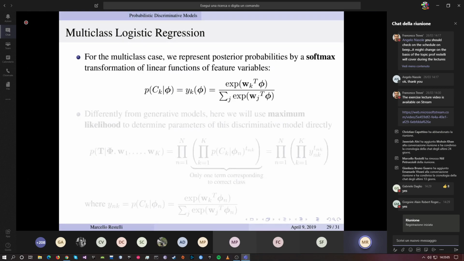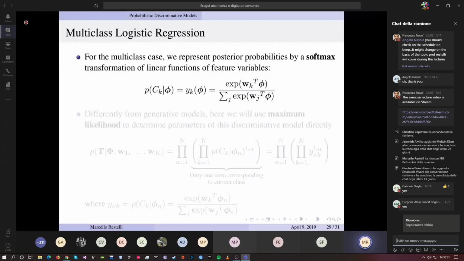Of course, this is a normalization and guarantees that the conditional probabilities sum to 1. If you rewrite this formula for only two classes, you get back the logistic function that we have seen in the last lecture.